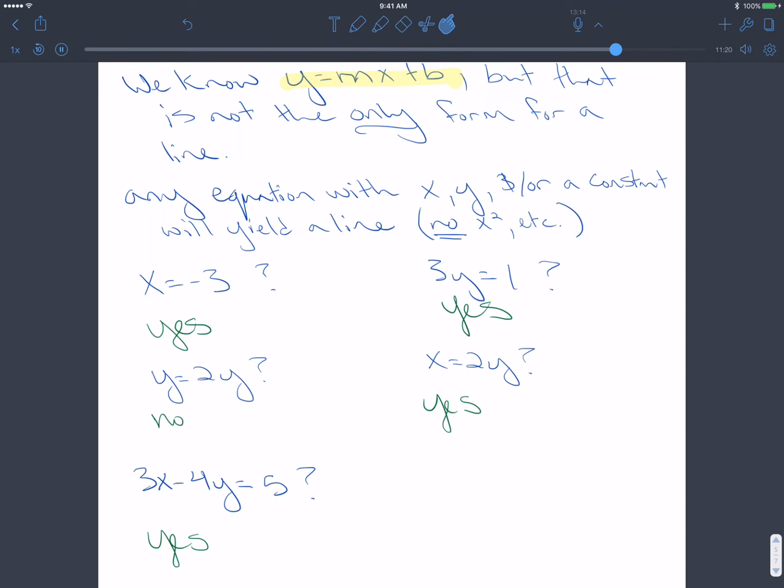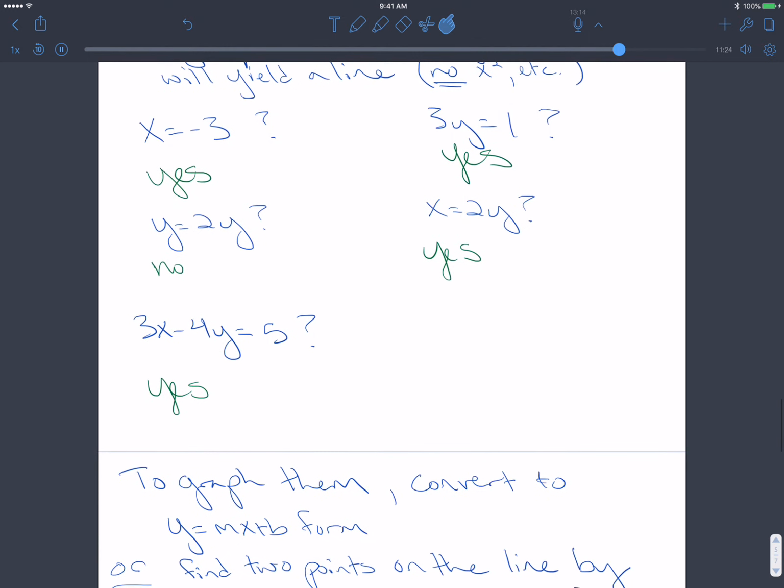Okay? In order to graph these weird ones, there's two options for you here. You can convert the equation to look like y equals mx plus b, which basically means solve for y, and then use the form that you have compared with y equals mx plus b in order to graph the line, because you'll know the slope and you'll know the y-intercept.